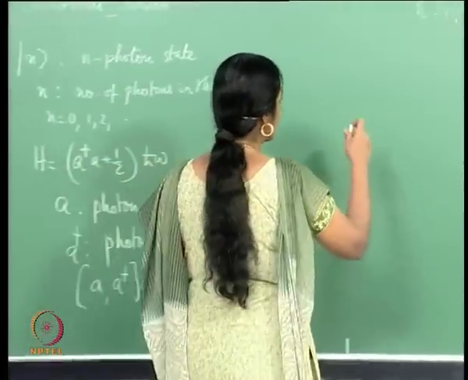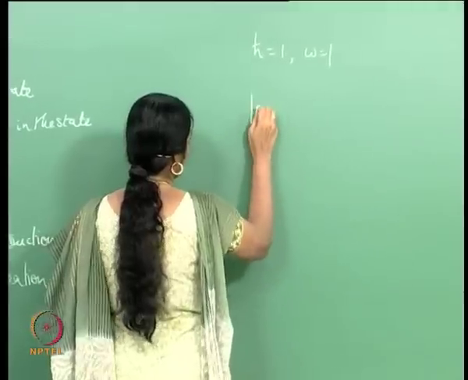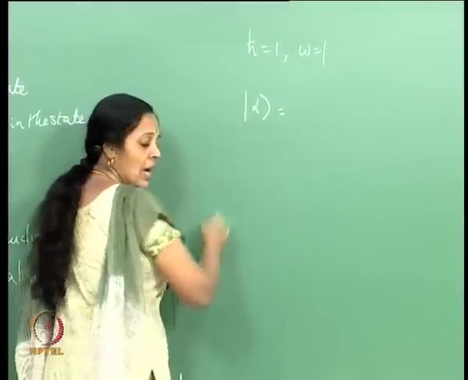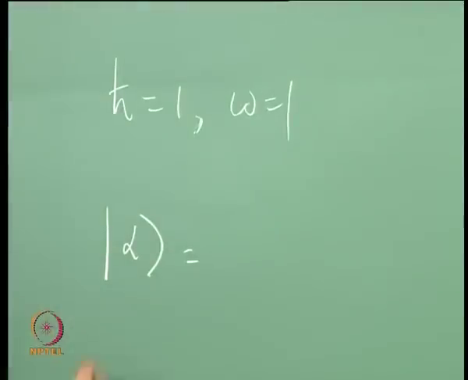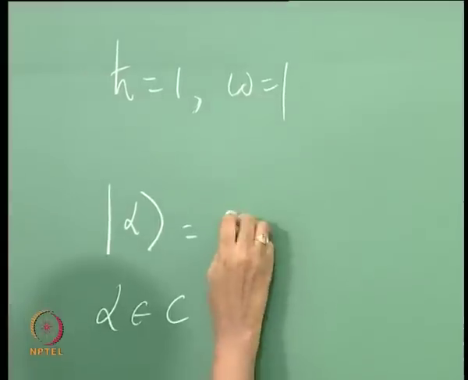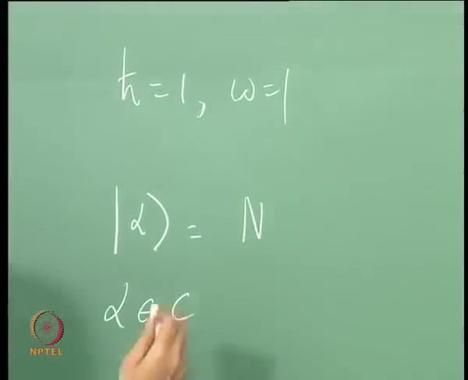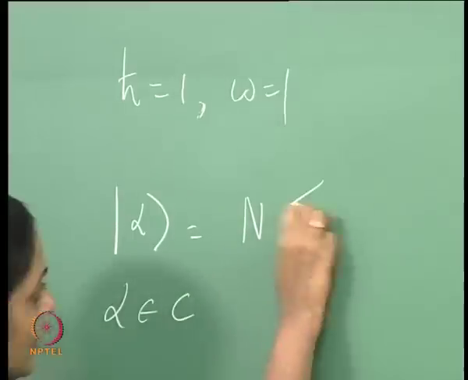Now I consider the superposition ket alpha, where alpha is any complex number, given by some normalization constant n, which we will find out.